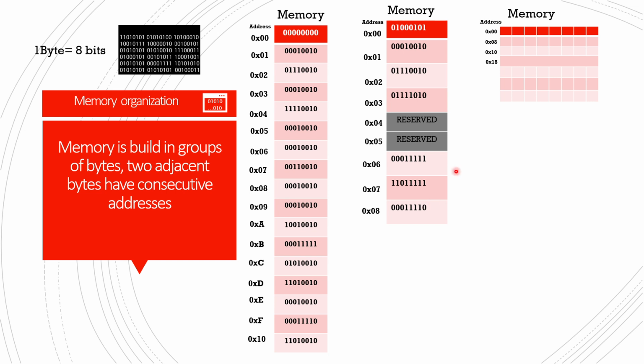In this other diagram of a memory, we have exactly the same organization. If you have a look, we have the address 0, and we start counting up to 0, 1, 2, 3, 4, 5, 6, 7. So the next will be 8. And remember, it's hexadecimal numbering system, so this is 8, next one is 9, A, B, C, D, E, F, and then we do the carryover just like in here, F to the next.